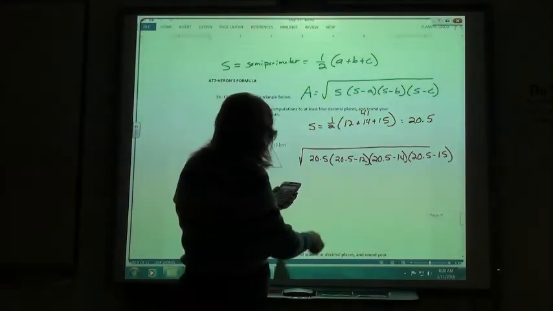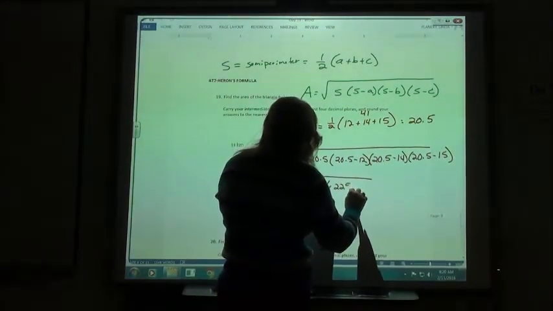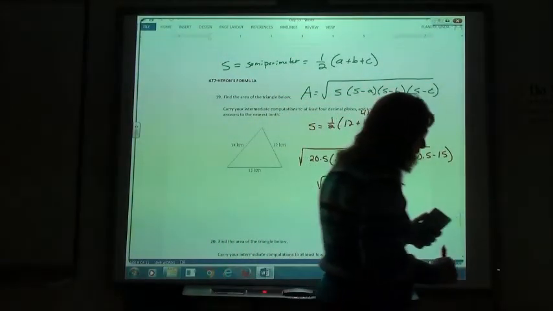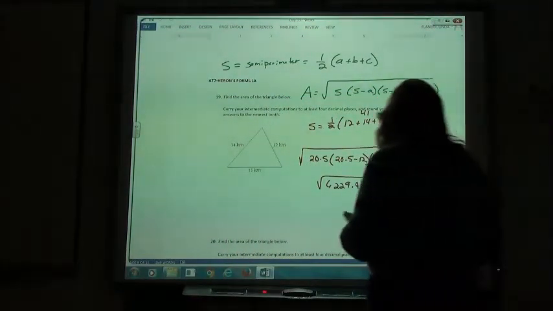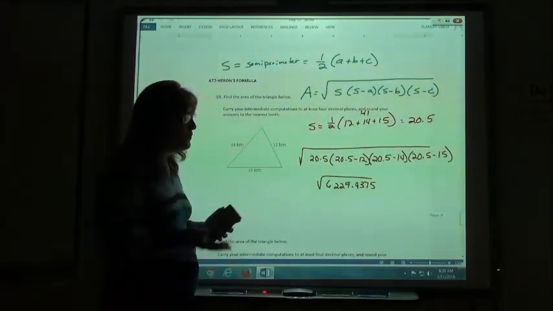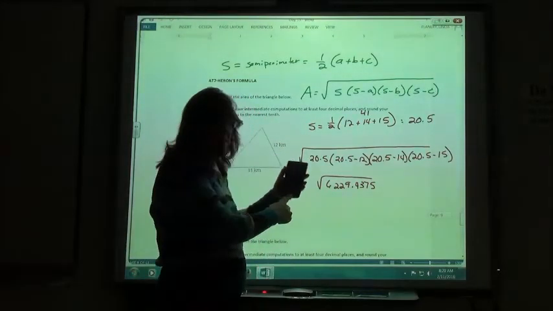If I get equals, I get the square root of 6,229.4375.